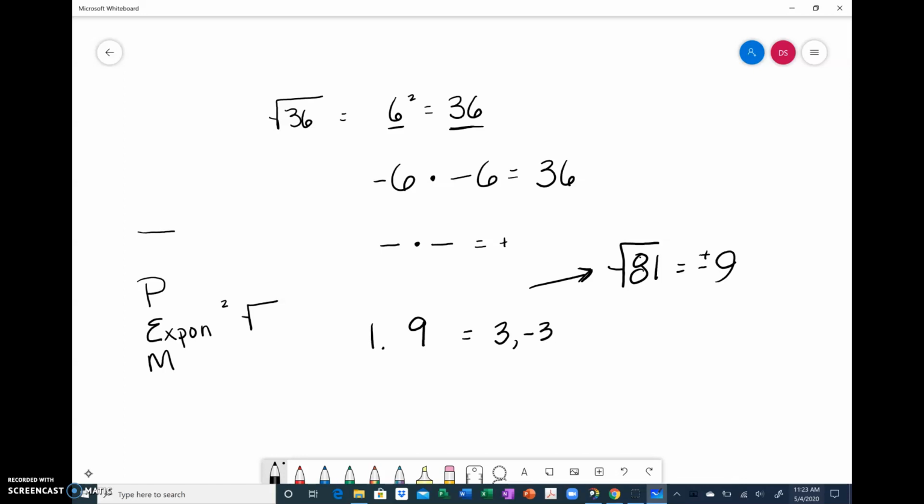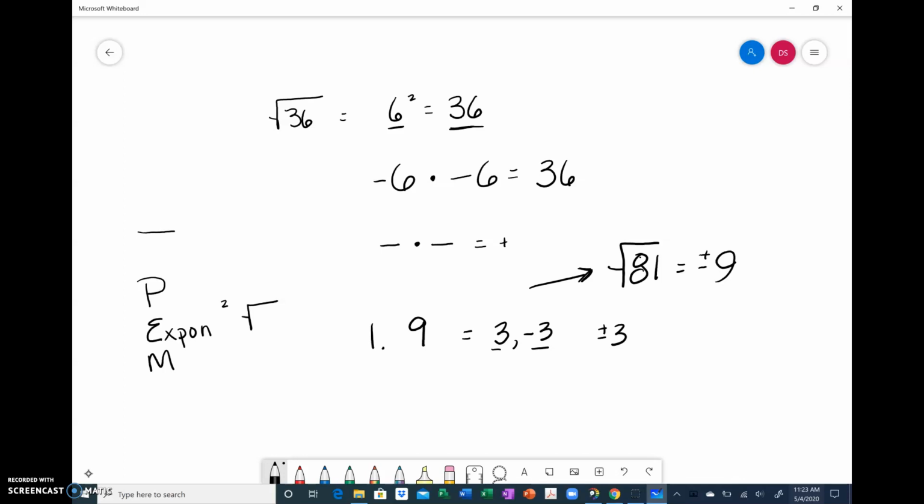That's how it will be written in the back of the book. You are welcome to write it like this, okay? Now, in teaching this in the past, it gets confusing as to when you're supposed to answer positive and negative and when you can just put a 3, okay? So, my suggestion to you is you only need to answer positive and negative when it asks for the 2 square roots, okay?